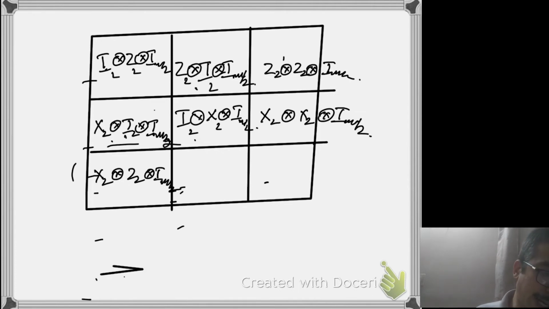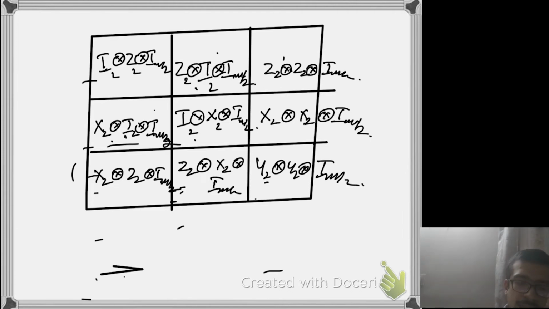And A8 has to be A2, A5, so this will be Z2 tensor X2 tensor IM by 2, and A9 will be A3 A6, so this will be ZX tensor IM by 2, but I can also write it as Y2 tensor IM by 2.